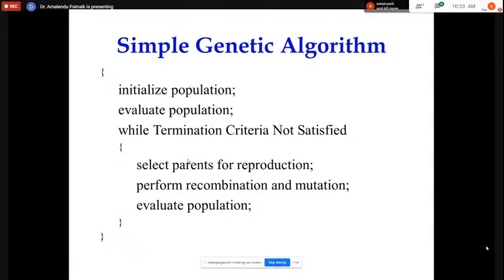And you try to find out the new solutions in an iterative manner. So evaluate population, perform recombination and mutation, evaluate population. You keep on creating new solutions until you have met your termination criteria.